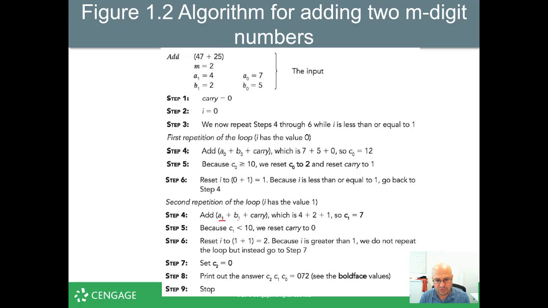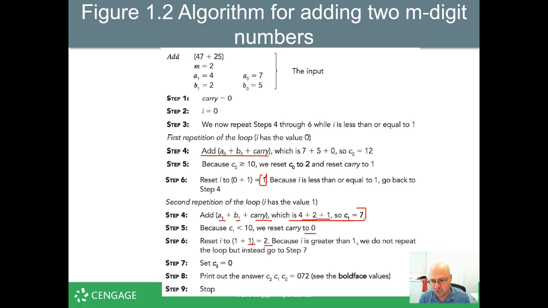So add A1 plus B1 plus carry. It's exactly the same line here, which is 4 plus 2 plus 1. So C1 is 7. Because C1 is less than 10, we reset carry to 0. And we reset I to the previous value that it had, plus 1. This is equal to 2.